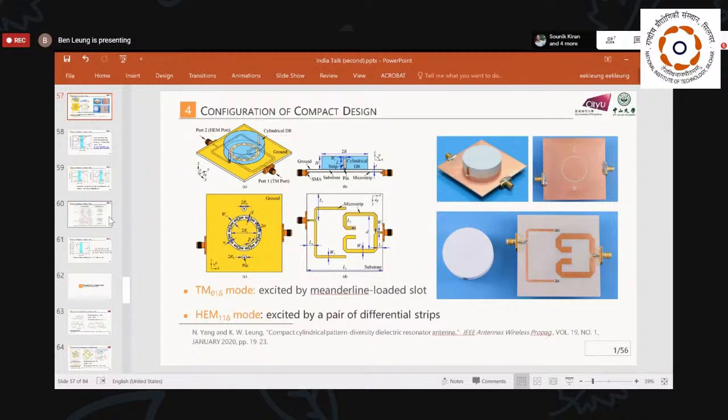Now, if you use the DRA to form a meta surface, then I want to know whether the objective is a DRA array or it is not for antenna purpose. Okay. Let us move to another query because it is already 10 minutes late.